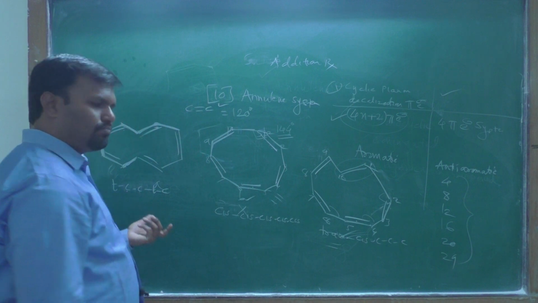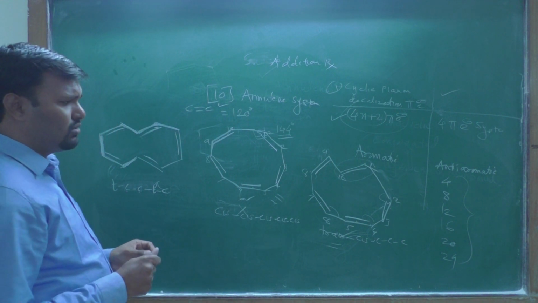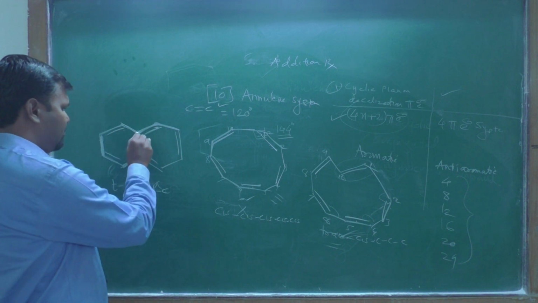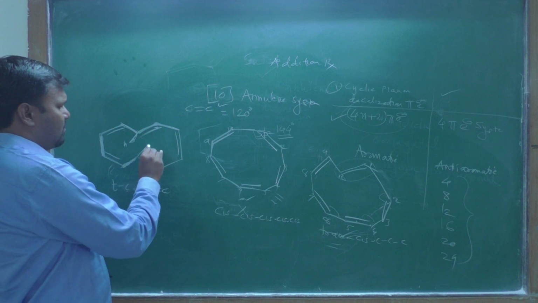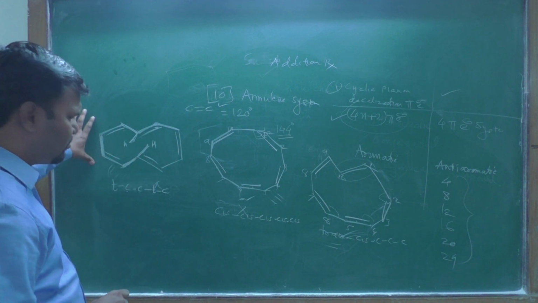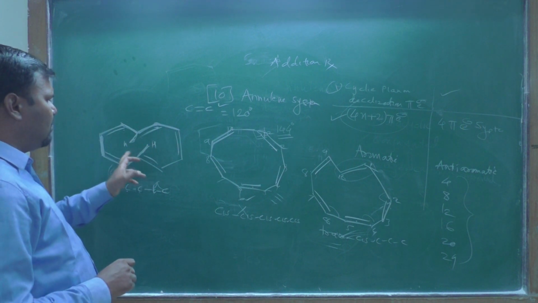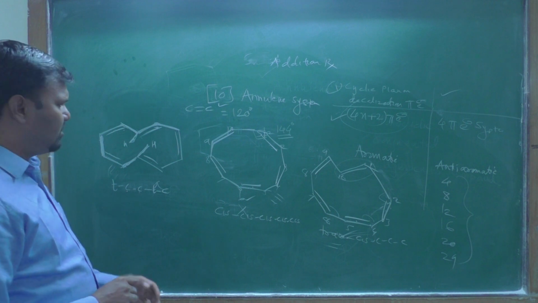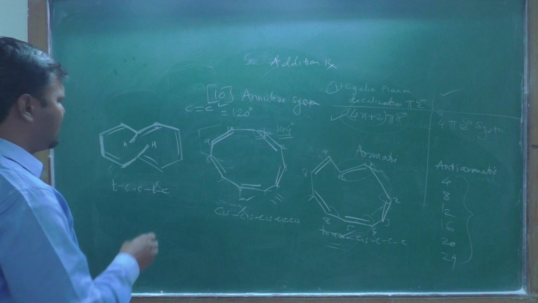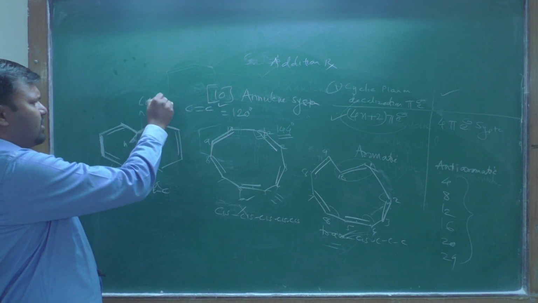And therefore the compound should prefer this puckered structure, where two half-side rings are there, and in this case internal hydrogens create steric strain.